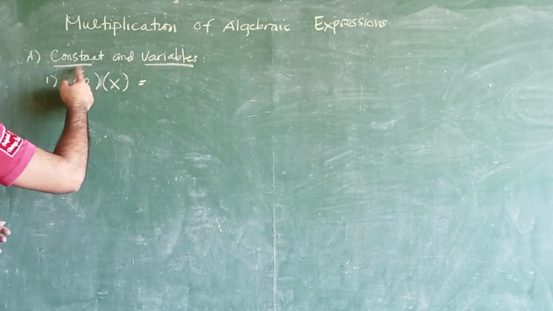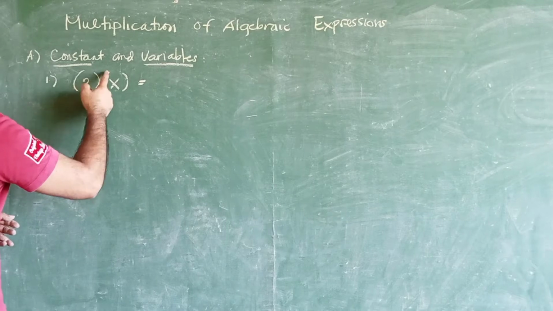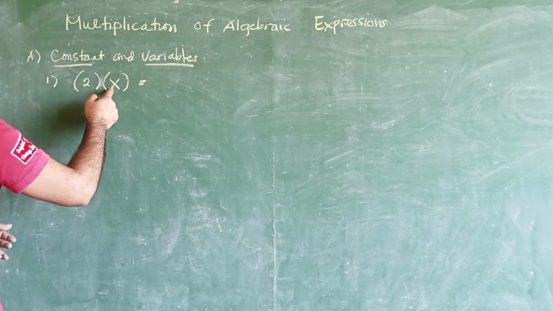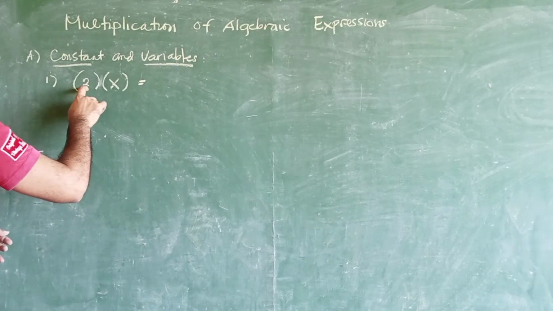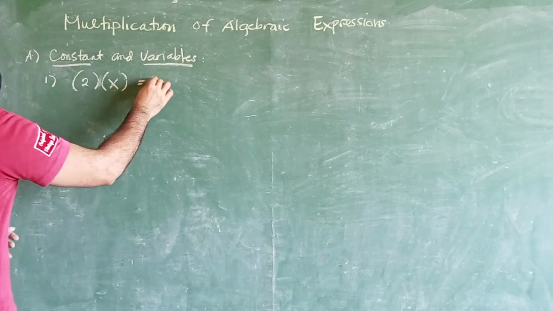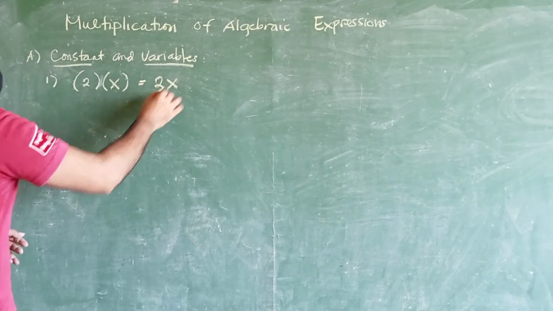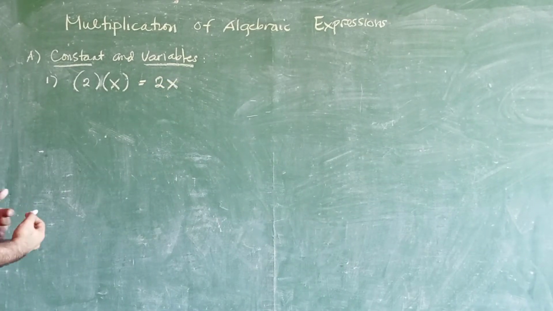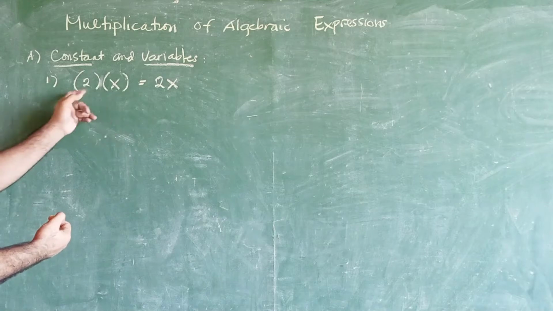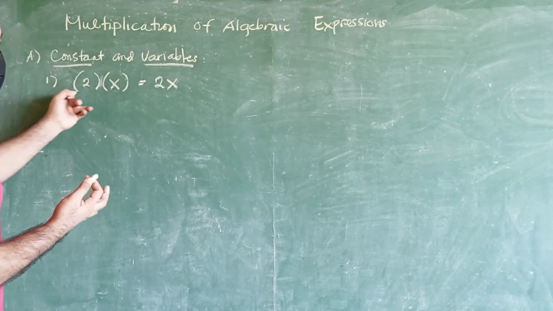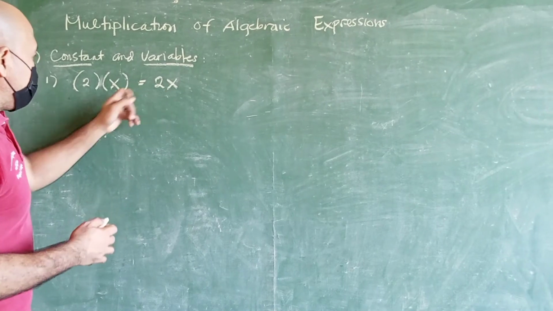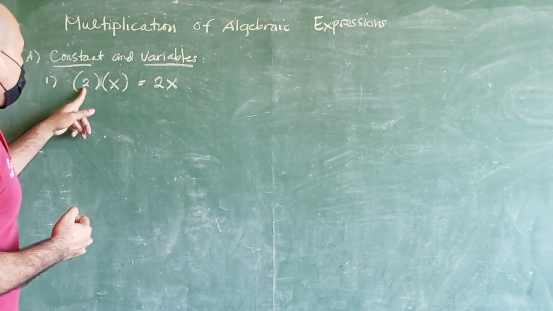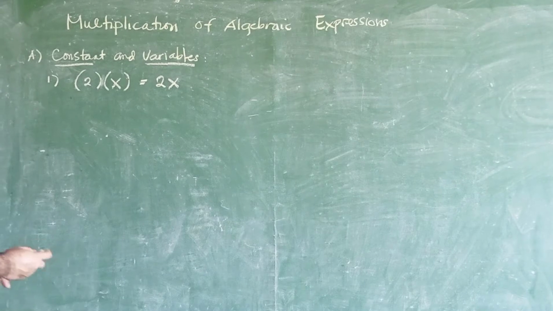You read this as the quantity of positive 2 times the quantity of positive x. Since the first one is a number or constant and the other is a variable, just copy them together as the answer. That is where the term like 2x is derived from when we multiply constant and variable.